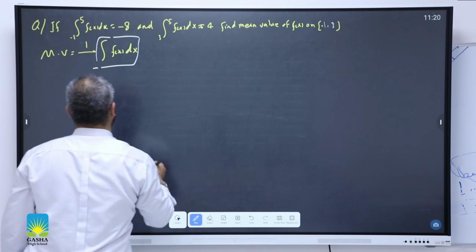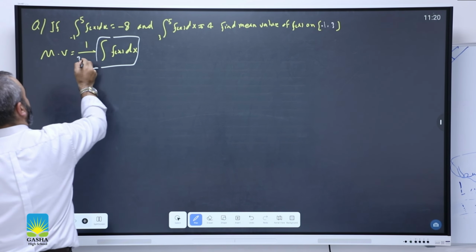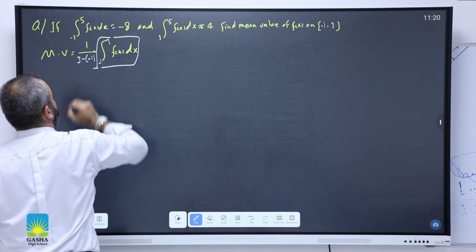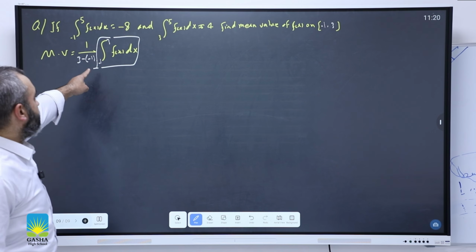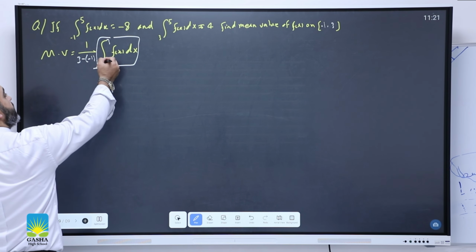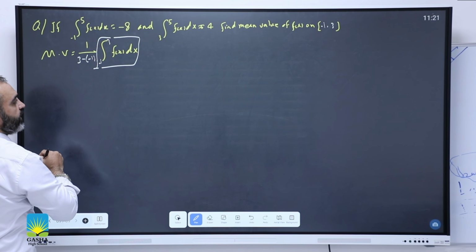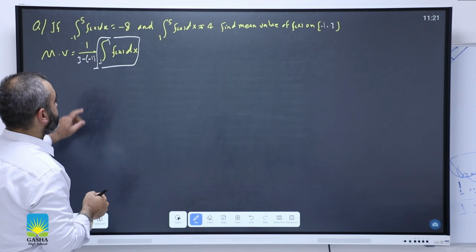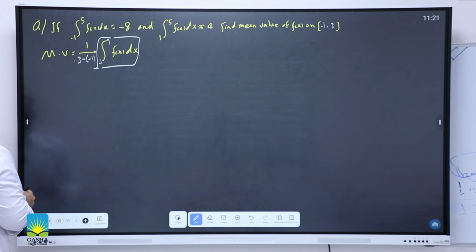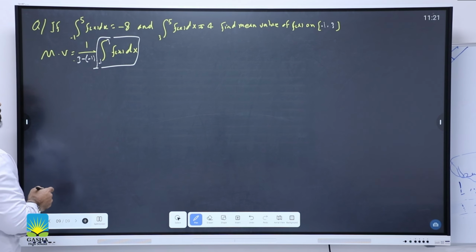We have -1 to 3, 3 minus -1, and this is -1 to 3. We have not -1 to 3 here. So first we find the integral of -1 to 3 of f of x dx. After we substitute here and we times 1 over 3 plus 1.